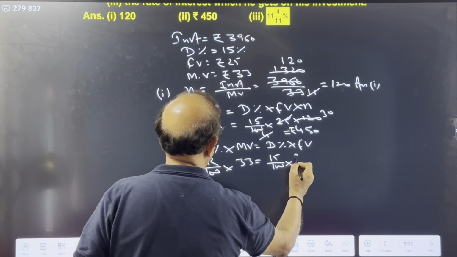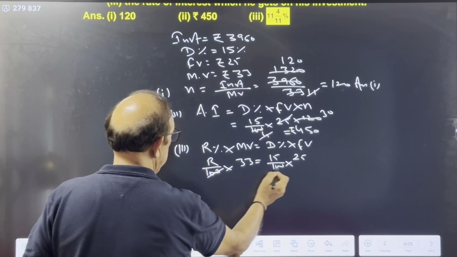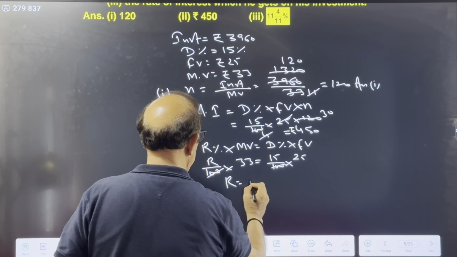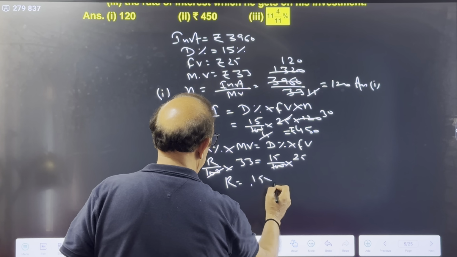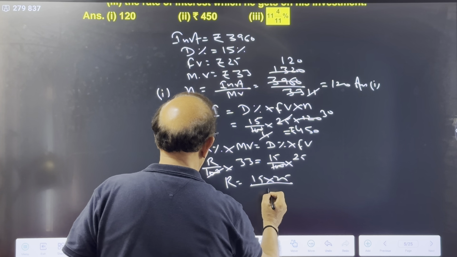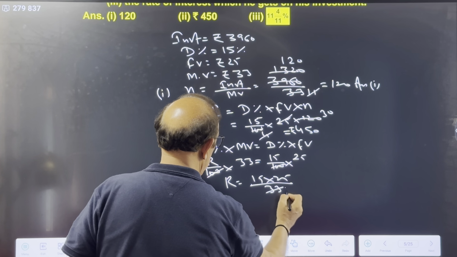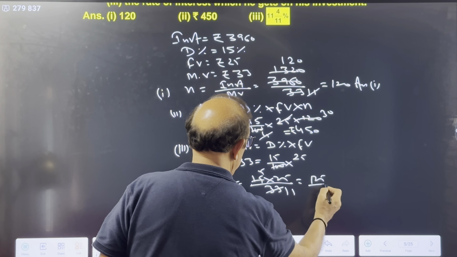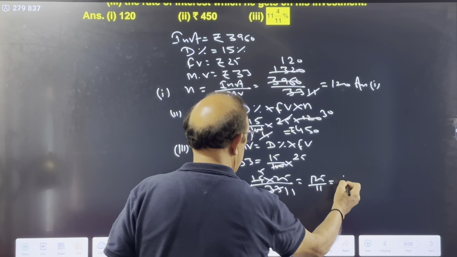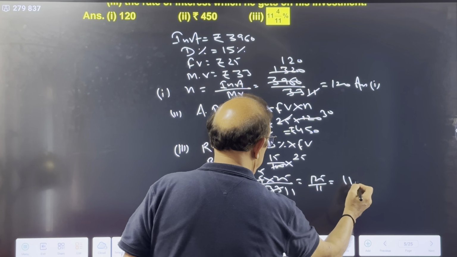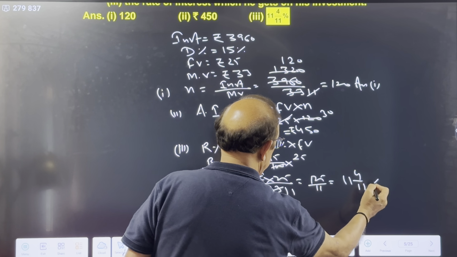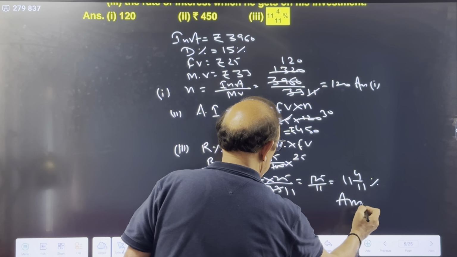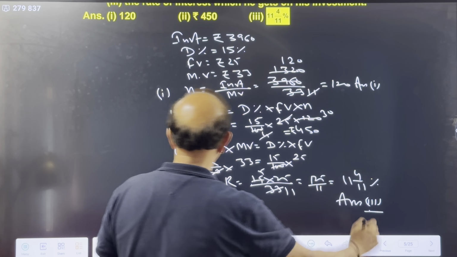Face value is 25. Cancel the 100 below. R is equal to 15 into 25 upon 33. 3 11 the 3, 5 the 5 into 25, 125 upon 11. 11 1 the 11, 11 4 11%. This is answer number 3.